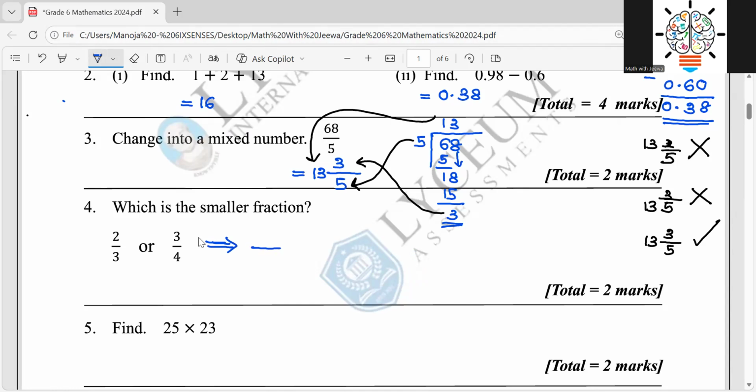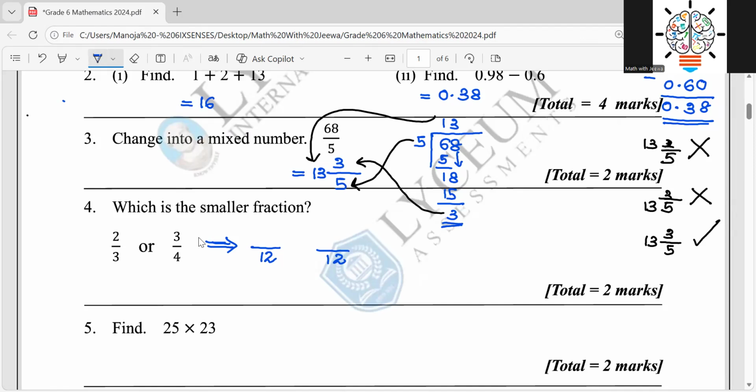It is 12, right? So by now you should know what the lowest common multiple is. Then you just take the multiples of 3 and the multiples of 4, and then you think about the common multiples. Out of the common multiples, what is the smallest value? It is 12.